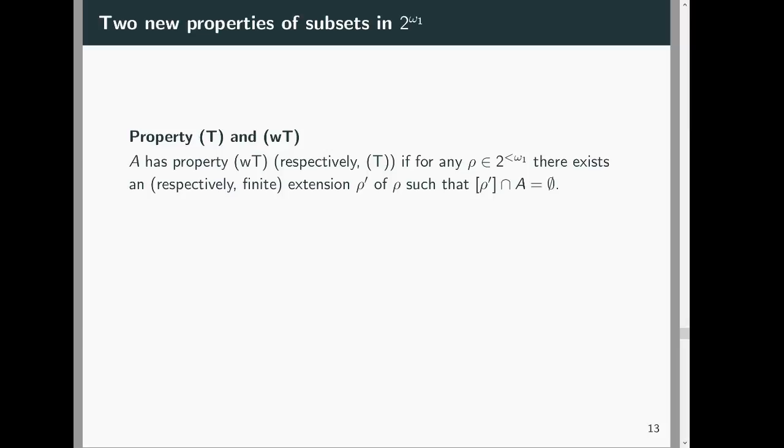So you miss a big open set: for every countable subset you can extend it, and that open set will never intersect A. That means our set A is very, very tiny. And for a little bit bigger set, WT means you can extend it countably many times. That's the definition of T and WT.